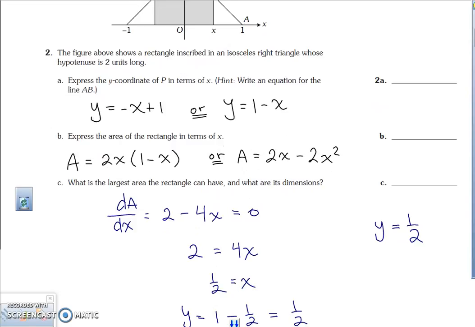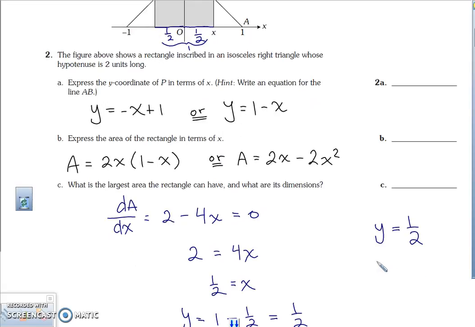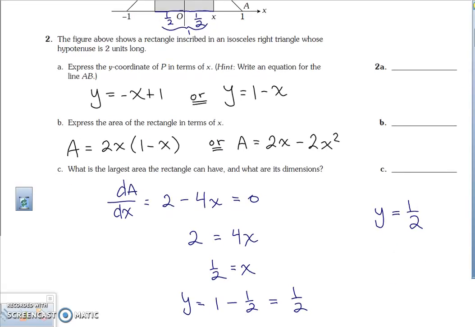X is not 1/2 because remember that the x that you found was here. With another 1/2 together it makes 1. So the dimensions that we should be using should have been 1/2 by 1.